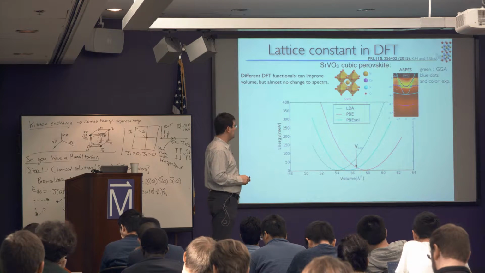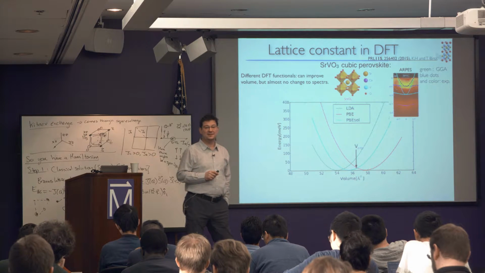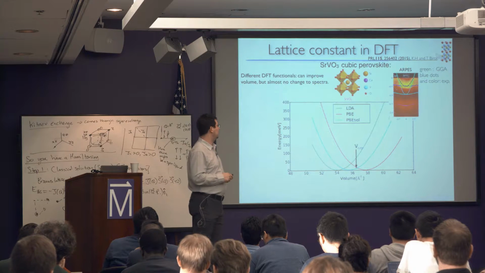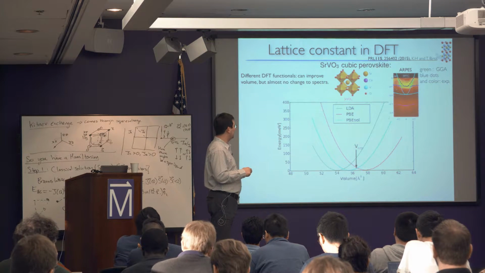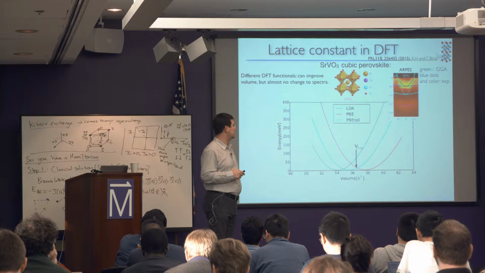Now, what about the oxides? Well, oxides are typically more correlated than elemental solids, isn't it? So I took one well-known example of a cubic perovskite, strontium vanadate, SrVO3, in which correlations are pretty substantial.